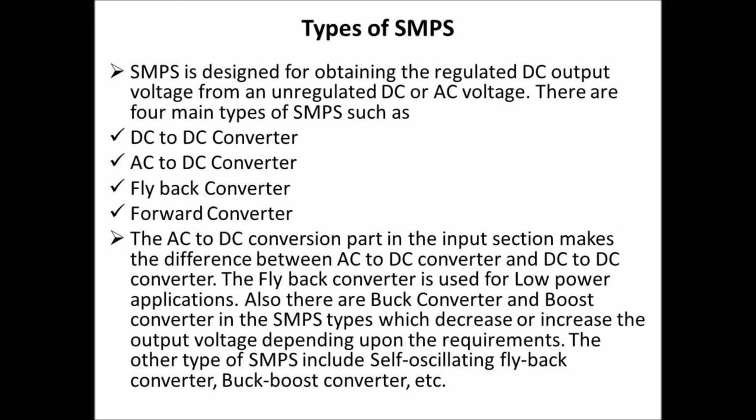The AC to DC conversion part in the input section makes the difference between AC to DC converter and DC to DC converter. The flyback converter is used for low power applications. Also, there are buck converter and boost converter in the SMPS types which decrease or increase the output voltage depending upon the requirements. The other types of SMPS include self-oscillating flyback converter, buck boost converter, etc.